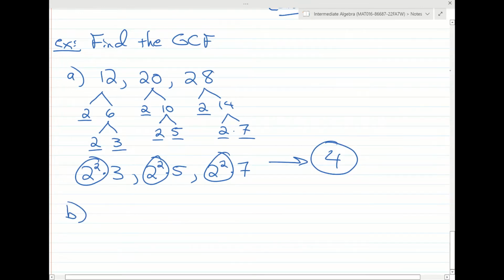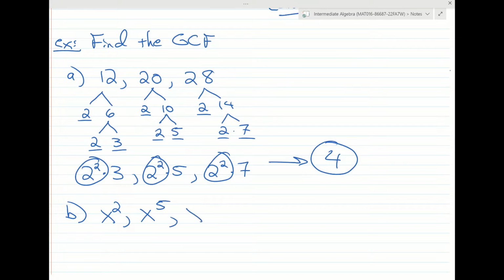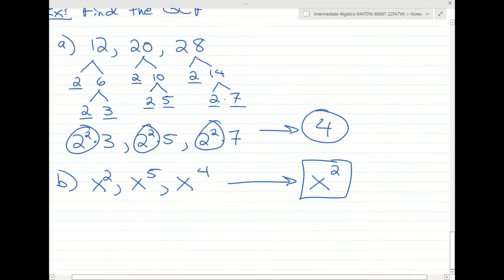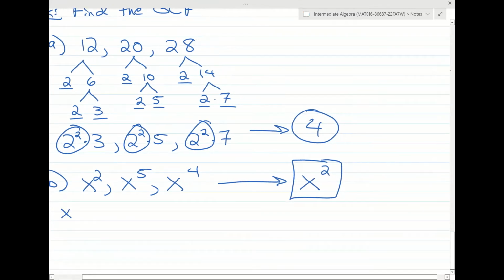What if we had x to the second, x to the fifth, and x to the fourth? We're looking for the smallest power, right? X to the second. So this is really the same thing as x times itself twice.